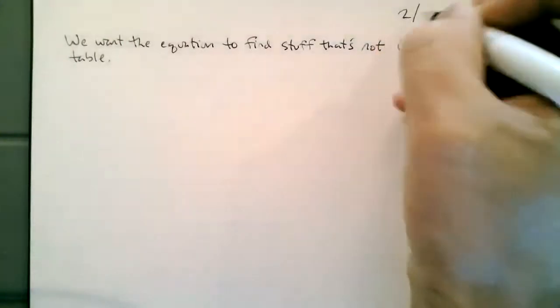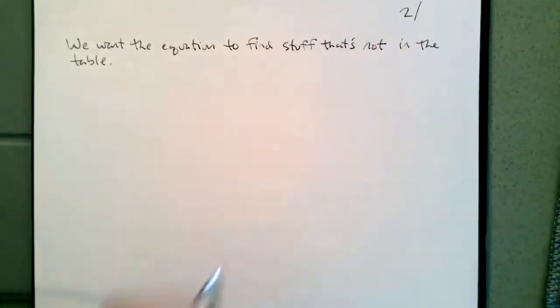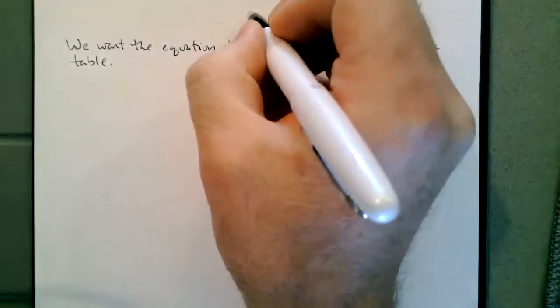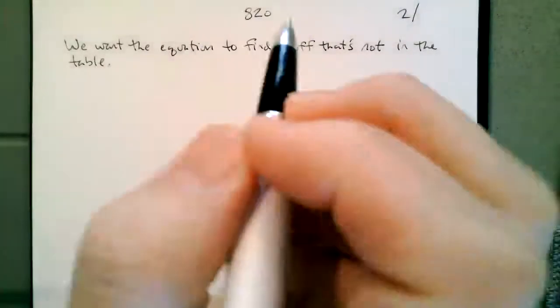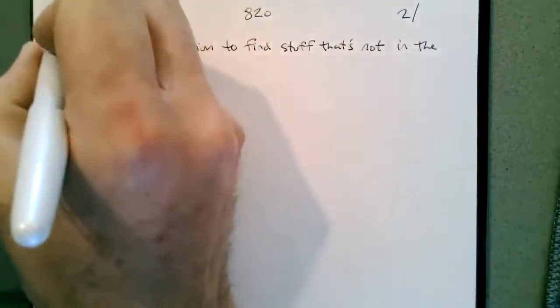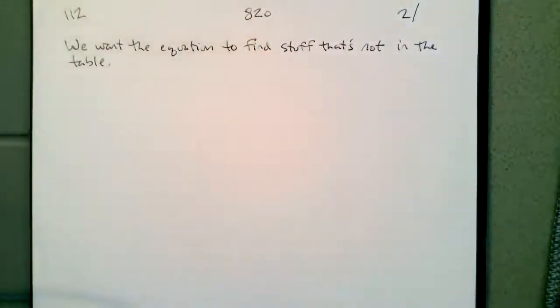We want to be able to extrapolate what's going on or interpolate what's going on, depending on whether we're looking in between the data that we have, or outside the data that we have.